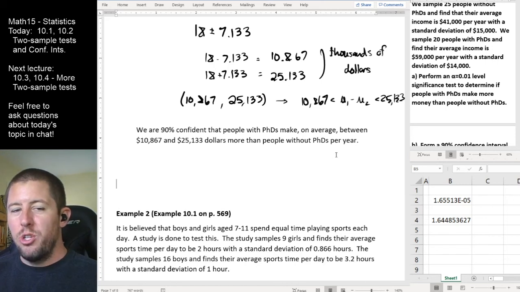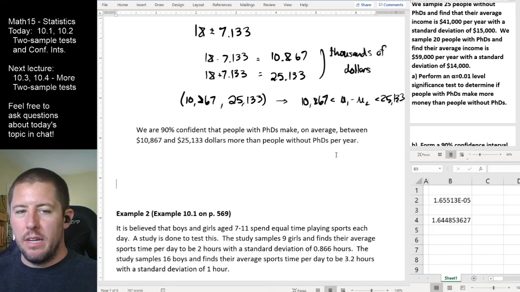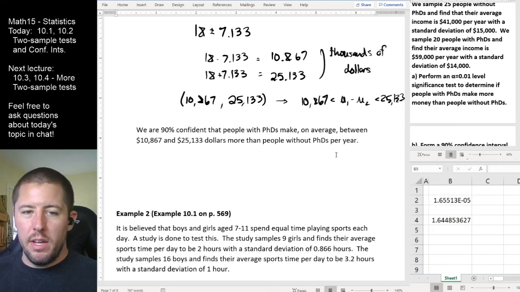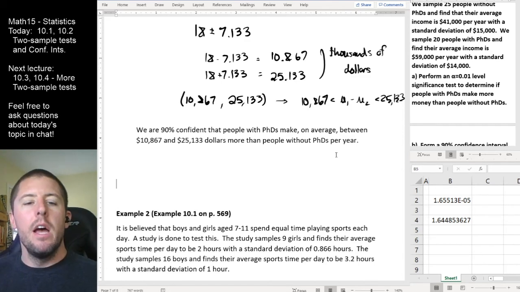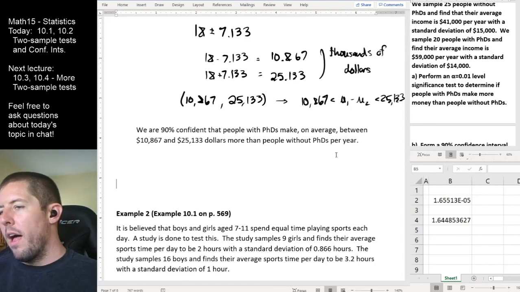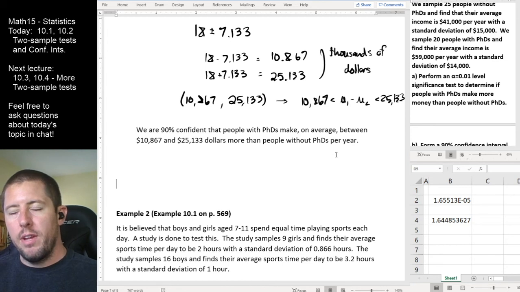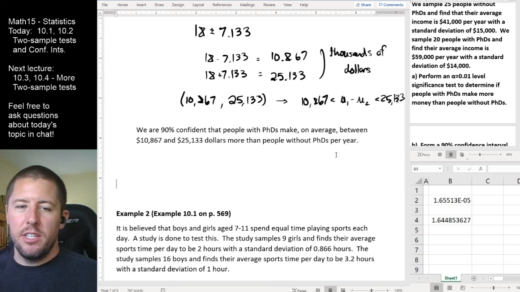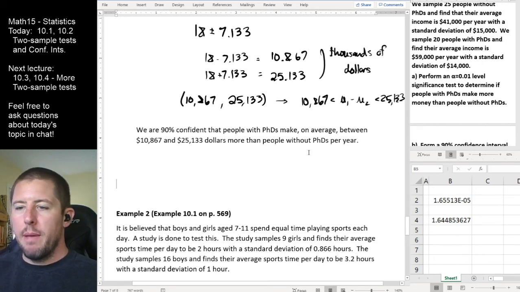Write down your conclusion and then literally say it out loud. Pretend that you're going to say this to a random person on the street. Will they think that you're a lunatic? Probably, because you're quoting stats conclusions to them. But it's hard to phrase these well. You saw me just go back and rethink about how I wanted to verbalize this. Recognize that you want to stop and be careful about how you verbalize these. They just get a little bit awkward when we have these two sample scenarios here.